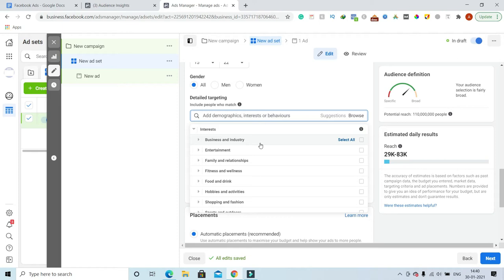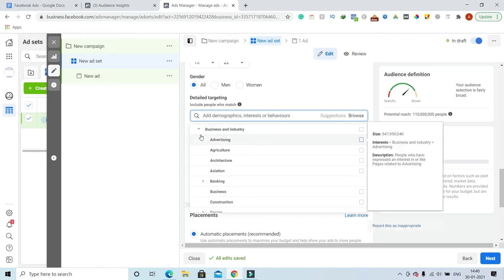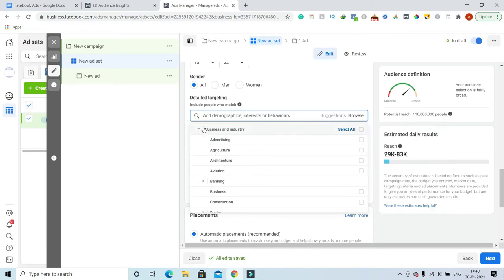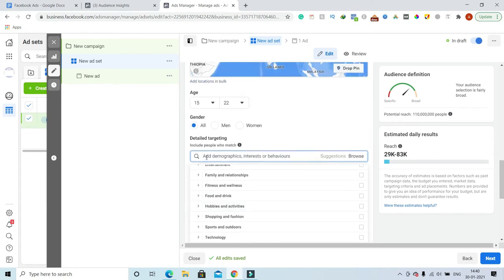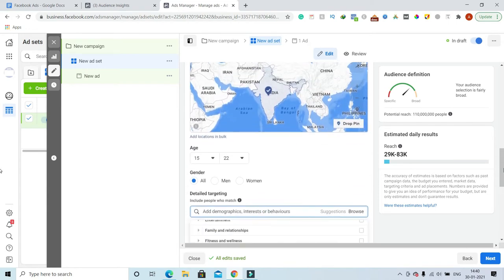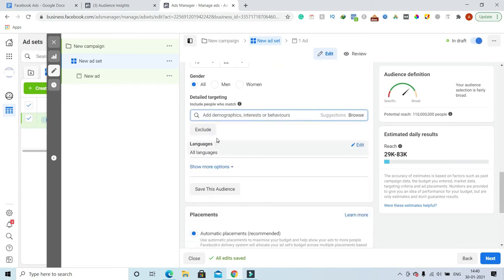So everything is monitored, and based upon that, that person is categorized, and we as an advertiser can directly target that particular person. So that may be, depending upon the industry, advertising, agriculture, architecture, anything, entertainment, food and drink. Now you can go into this and you can literally target anything using Facebook ads, literally anything.